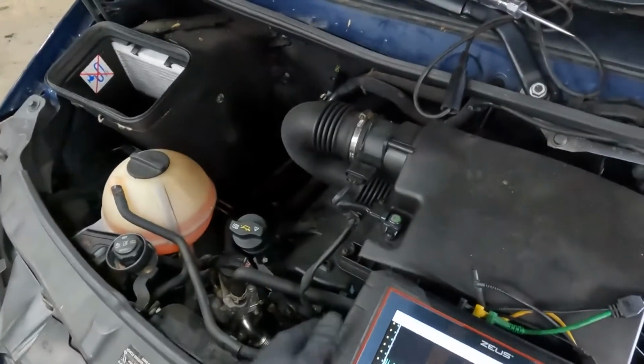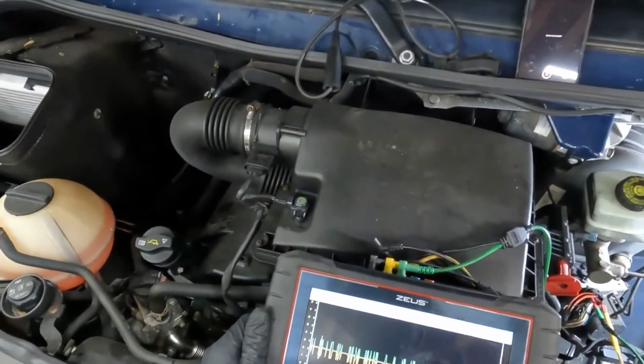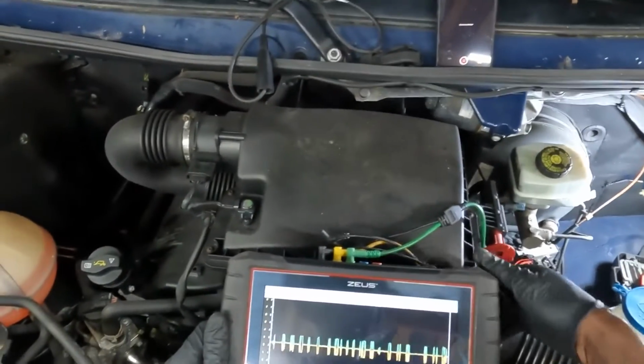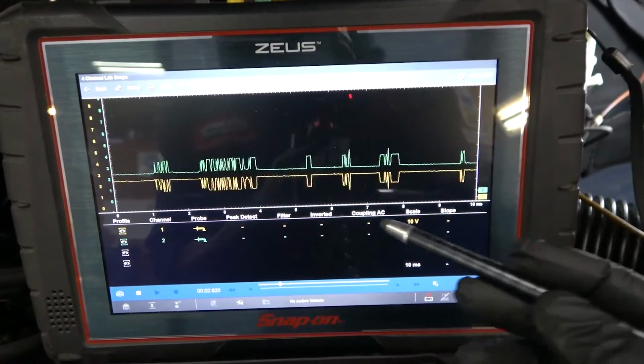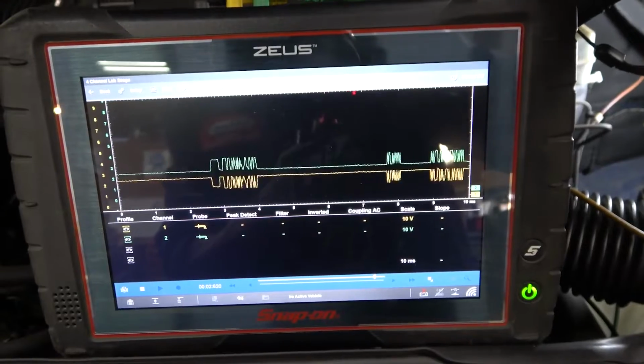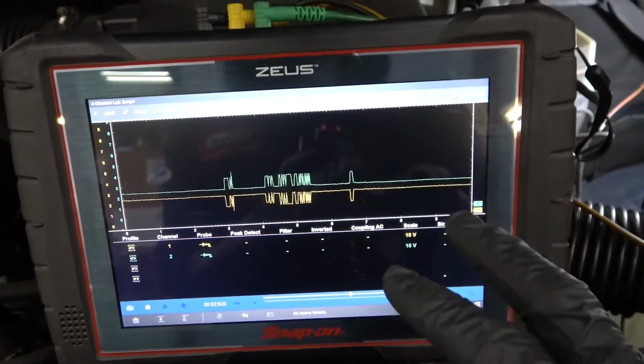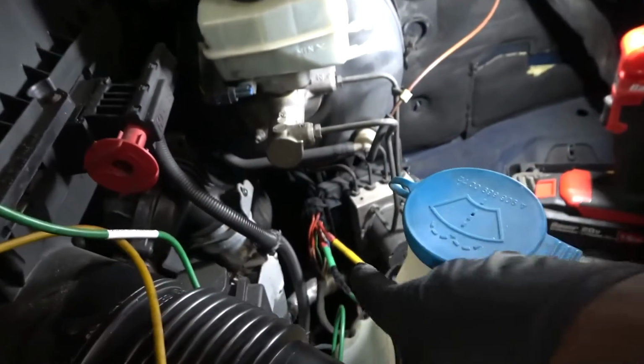Okay, so right here, we do have a message on our data lines. This waveform over here looks good to me. We have good communication on our CAN lines at the ABS control unit.